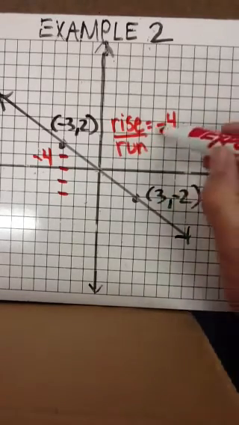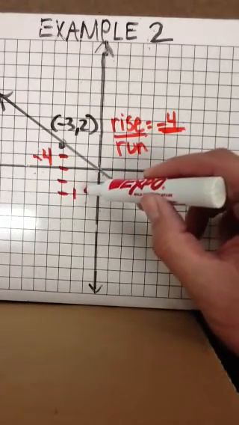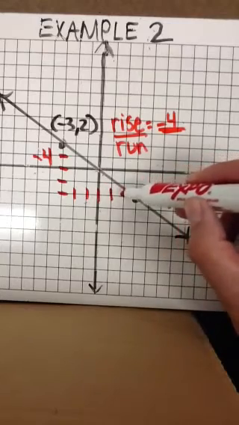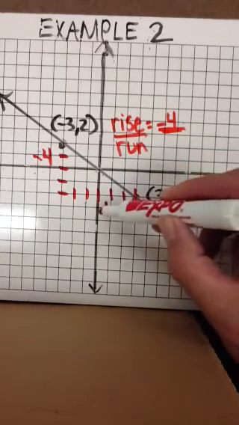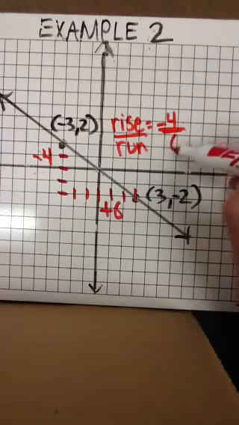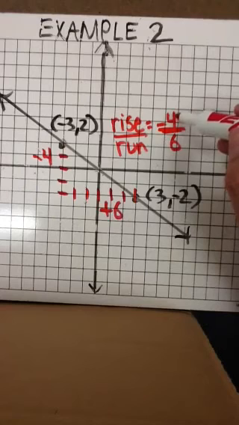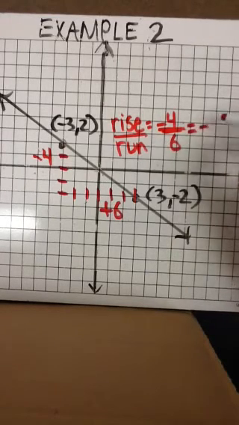Now let's calculate run. From here, we'll turn right and go 1, 2, 3, 4, 5, 6. That's positive 6 in the x direction. That's the denominator of our slope. So this is going to equal -4 over 6. Remember that a negative divided by a positive is still a negative, and 4 over 6 can reduce.